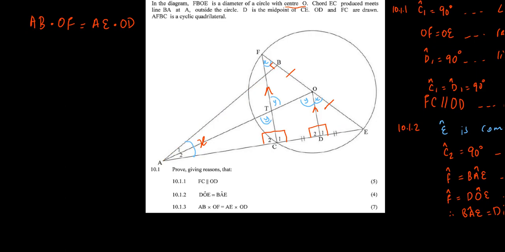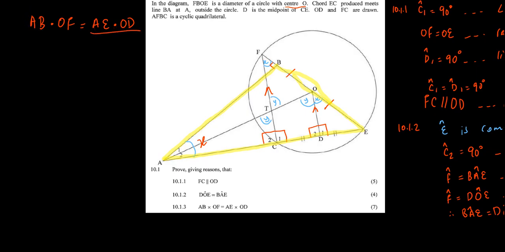Okay, so I will make this our first triangle. Let me also have this one here. Right, so that means AB and AE belong to the same triangle.